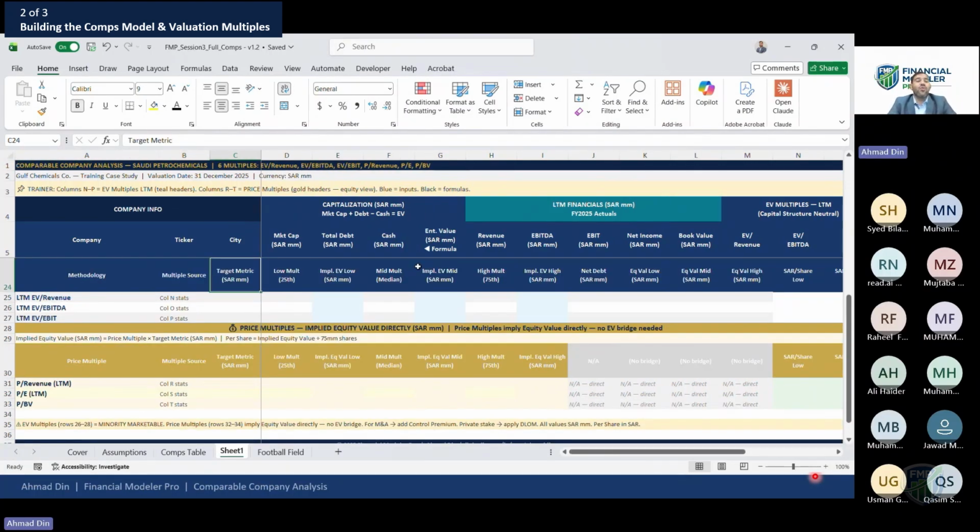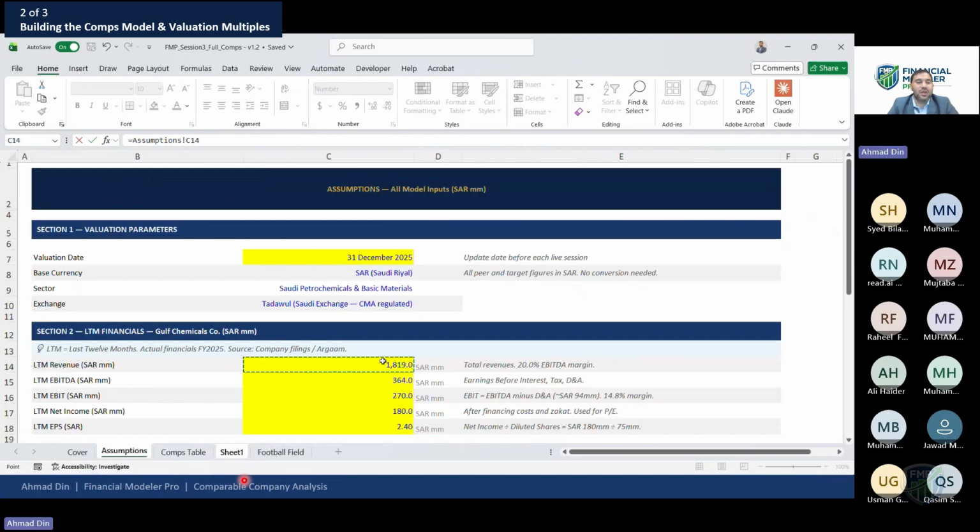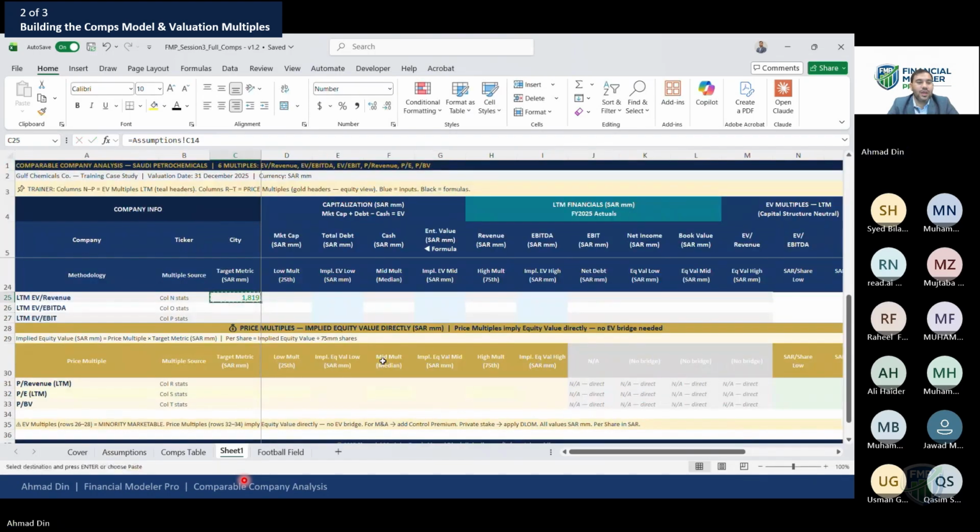Now we need to take the target company numbers. We already have the hardcoded numbers for the target company, so we just need to bring them here. From the assumption sheet, our target company's LTM revenue, LTM EBITDA and EBIT. So we have three metrics.